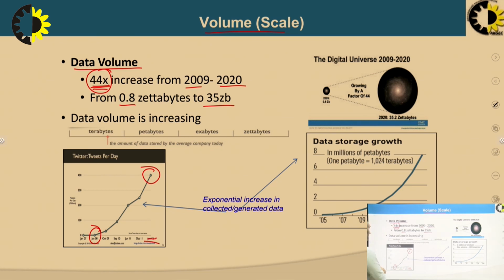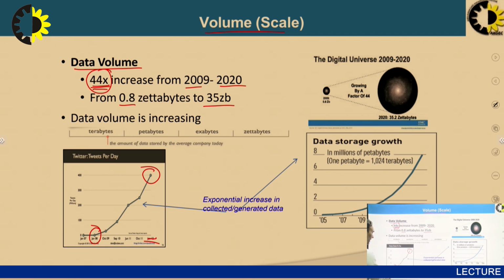We can easily see the tweets. Let's take the example of 2010: 100 means 100 million tweets in a day. But nowadays on Twitter there are more than 400 million tweets per day.